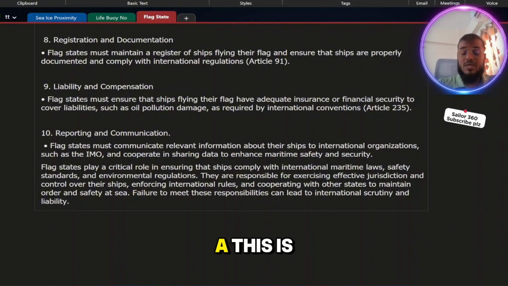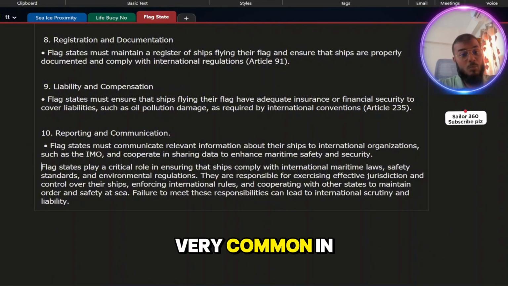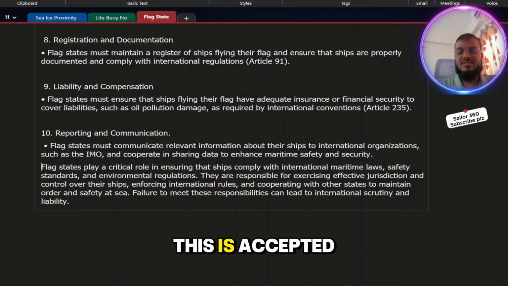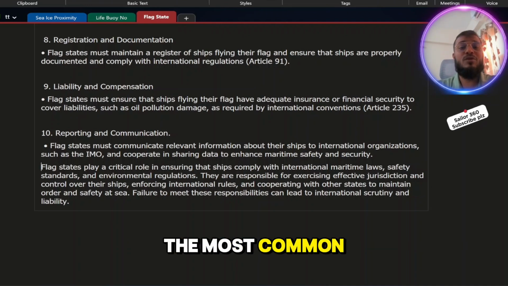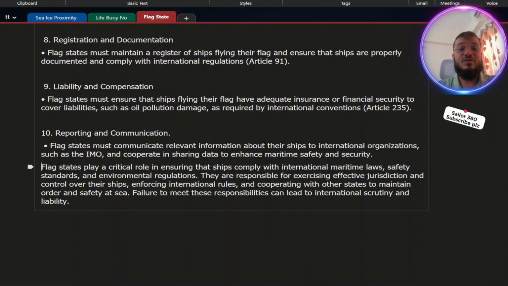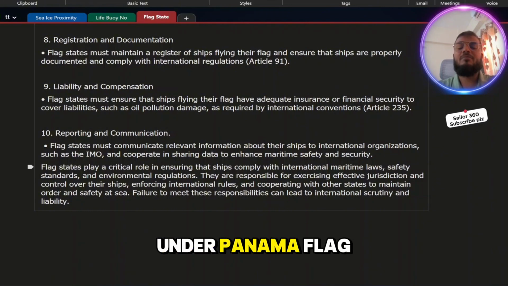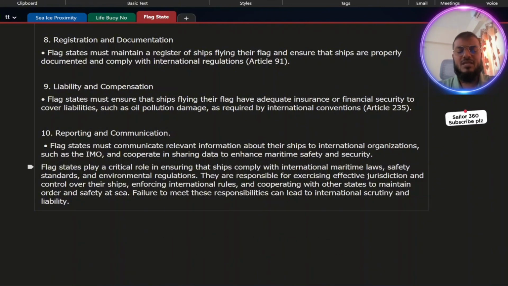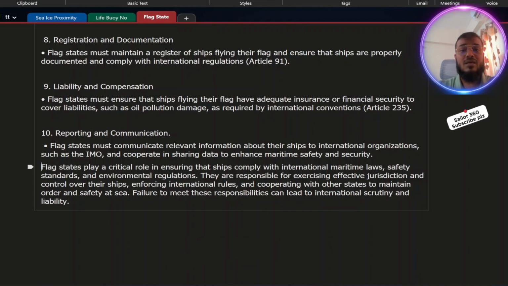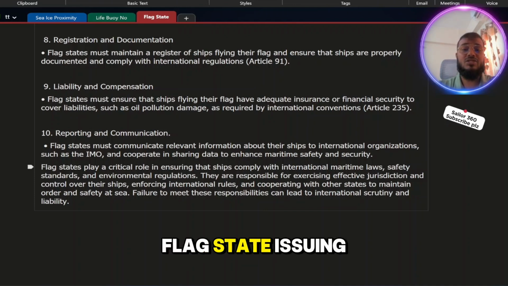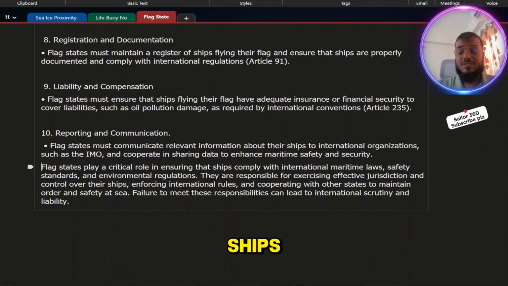This is very common in our industry, and this is accepted as per our industry norms. The most common example of a flag state we can say is Panama. Under the Panama flag, there are so many ships. In regards to number, maybe they are the highest flag state issuing country for ships.